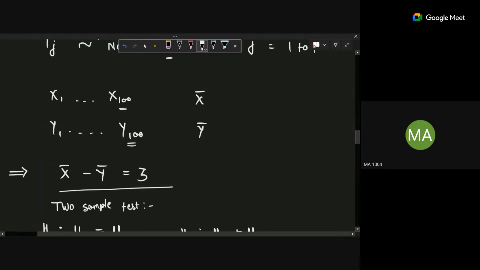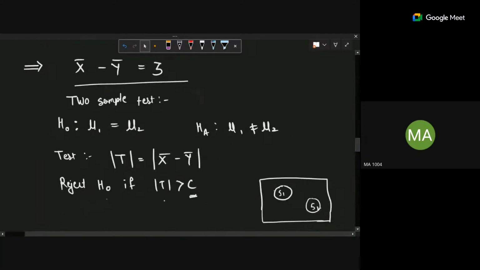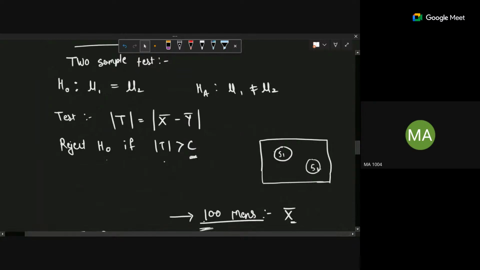They also told us that the difference between the averages of the 100-sample time spent by men and women was 3. So we had our null hypothesis as the time spent by them on social media is equal, and the alternative says that it's not equal. We decided our test as: if modulus T, that is the difference, is greater than some value C, that is the critical value.